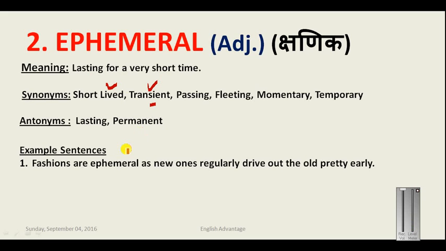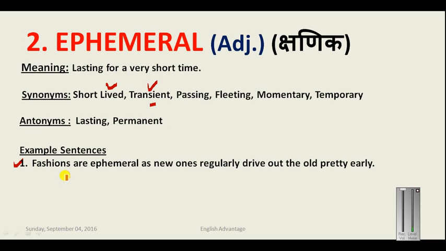Now let us look at the example sentence for this word. Fashions are ephemeral as new ones regularly drive out the old pretty early. It's quite true, because fashions nowadays, different fashions and different trends, are very momentary. They are not permanent, they are temporary. They last only for a very short duration, and they go out of the market after some time.